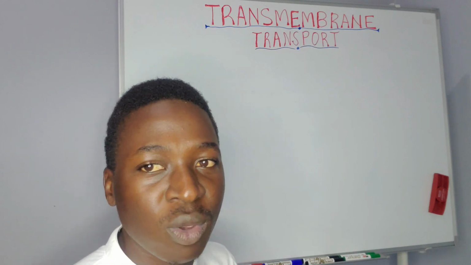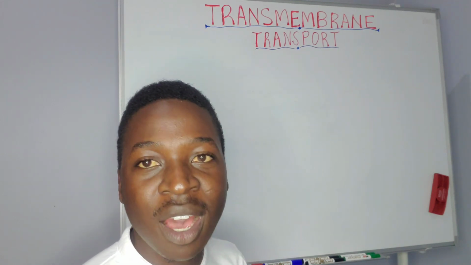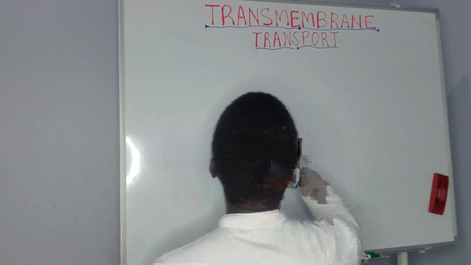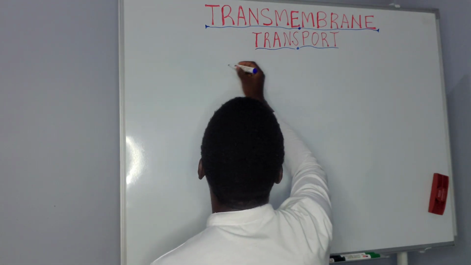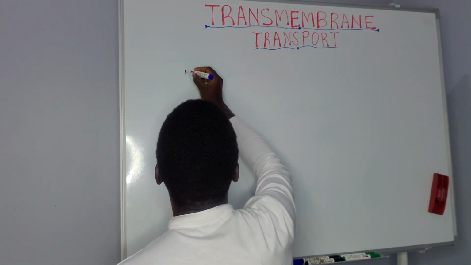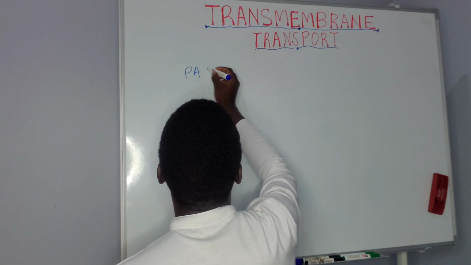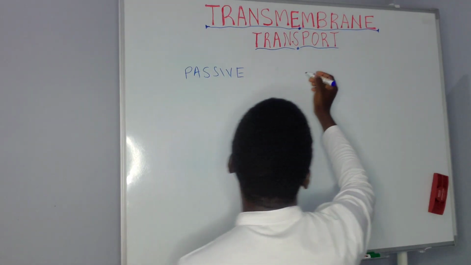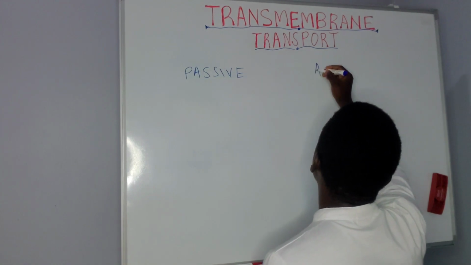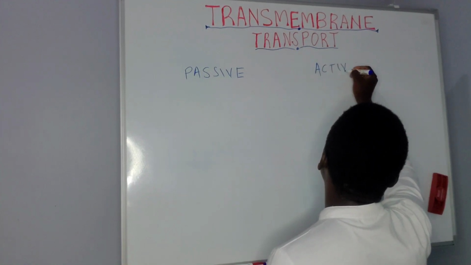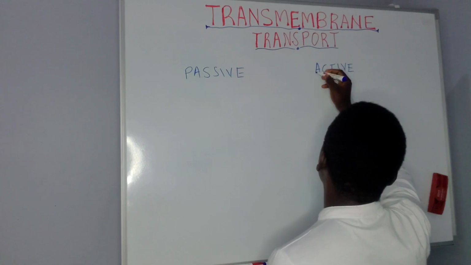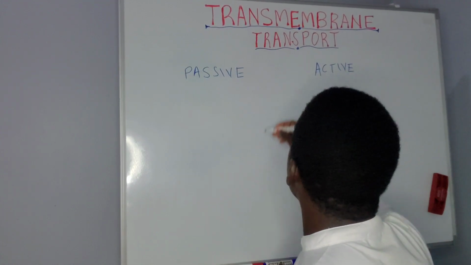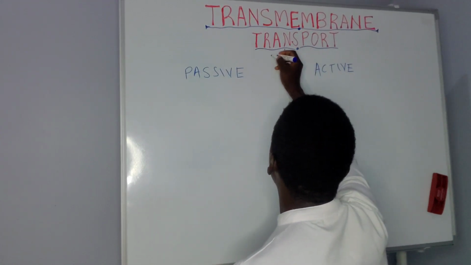So broadly, we can categorize these mechanisms into two. There are two forms of transport that take place across the cell membrane. One is what we call passive transport, and also we have what we call active transport. Okay, so the transmembrane transport mechanisms.